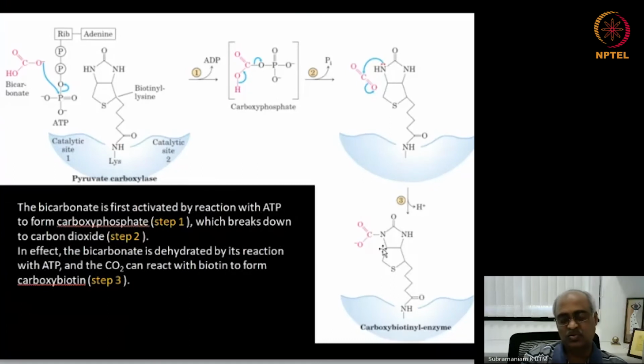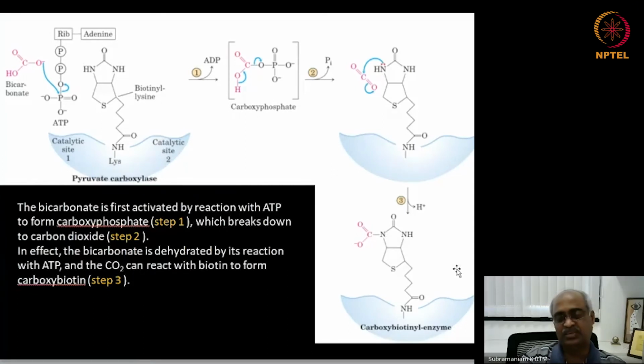This one carbon transfer is an important class of group transfer reactions that happen in biochemistry. We saw acyl group transfer, phosphoryl group transfer, so many of them, and this is a one carbon carrying step. Temporarily this one carbon in the form of carbon dioxide is carried by this carboxybiotin.